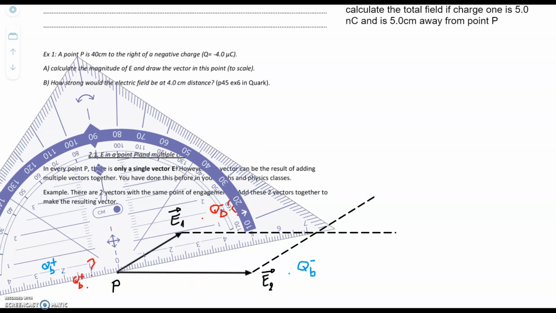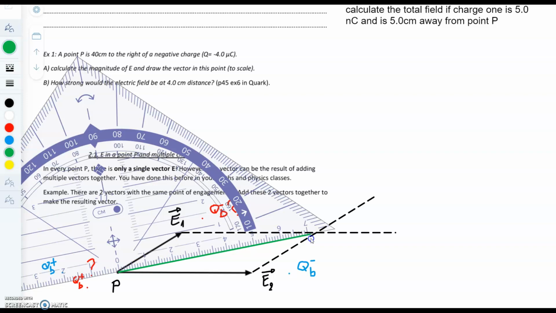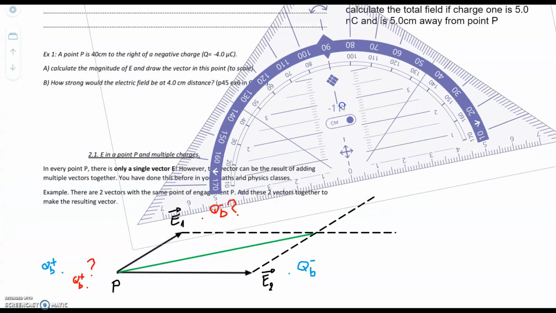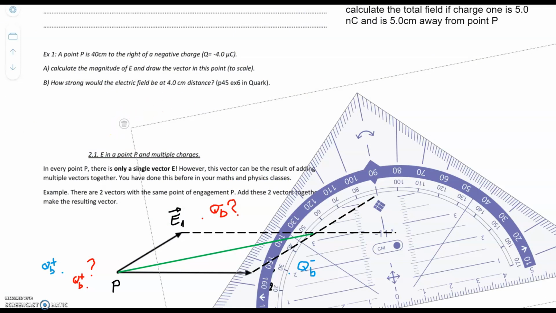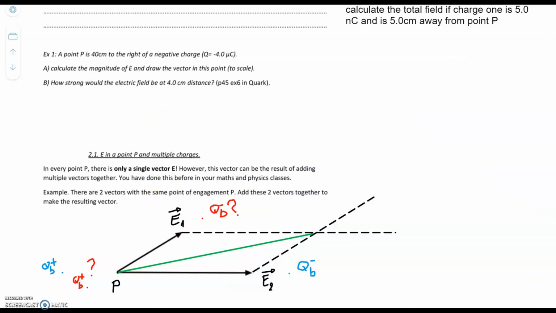This means that the total field vector that we get in this point P, I'll use a green line in this case to denote that, and I'll use a full line to make it more obvious. There we go. This would be the total size of field vector E in this point.